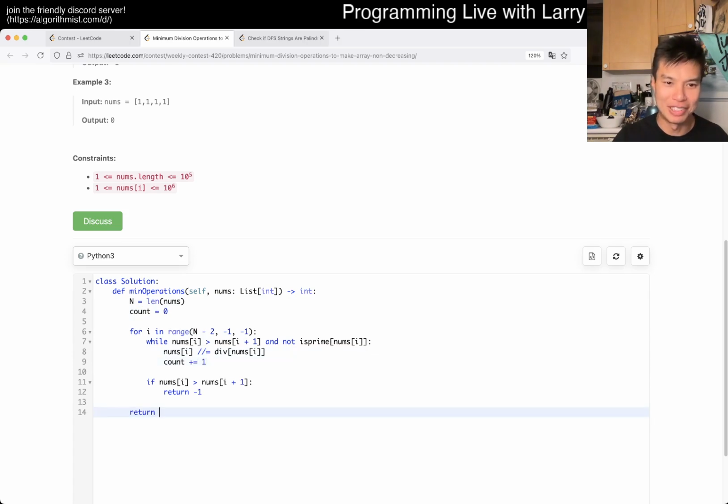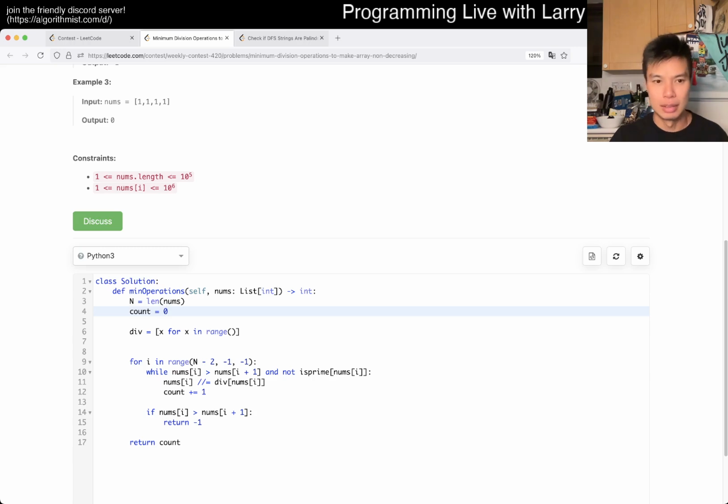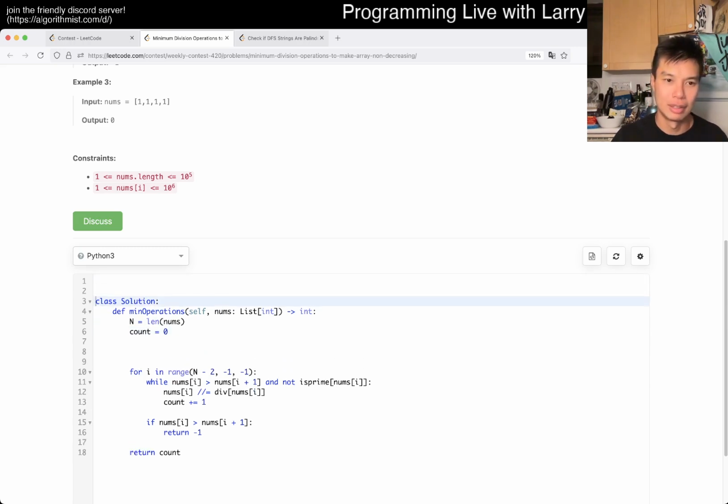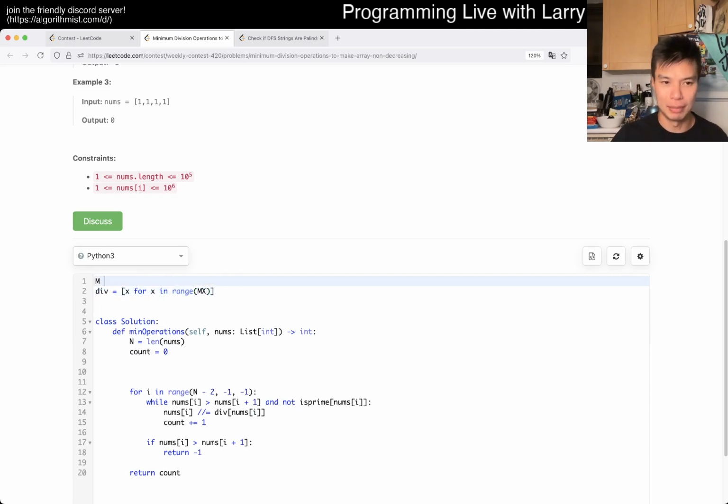Now I just have to fill out the rest. Have to do this stupid pre-processing.